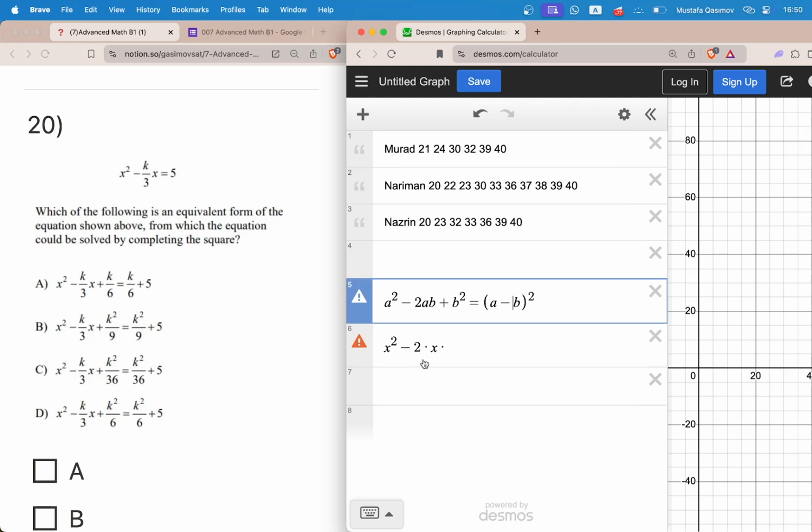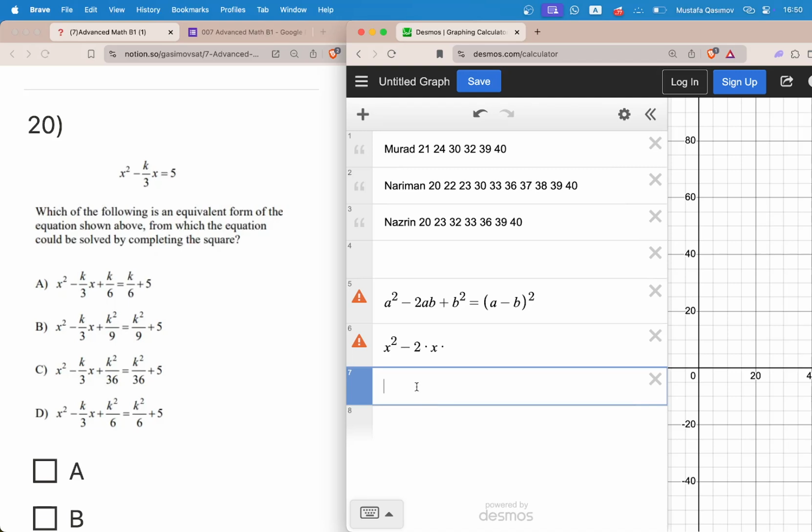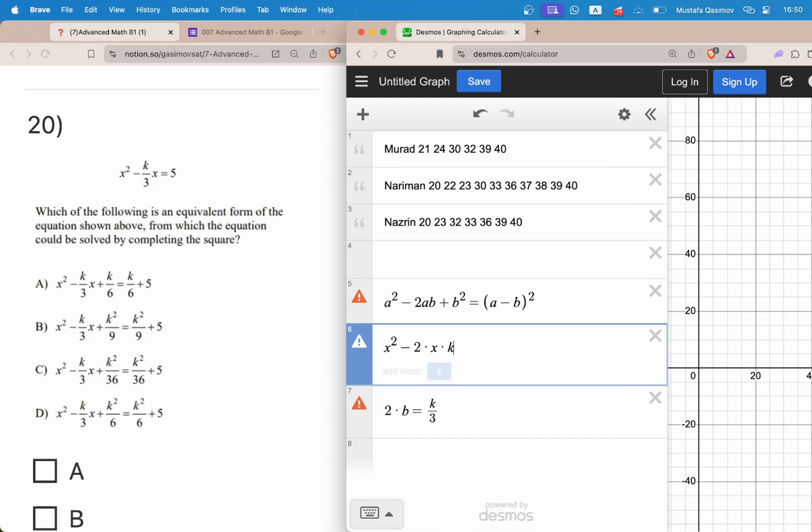Here we have to think of it like this. 2 multiplied by x multiplied by b is equal to this one, k over 3 multiplied by x. So from here we understand that b is equal to k over 6. So we have to write here k over 6 plus b squared. B squared will be k over 6 squared.